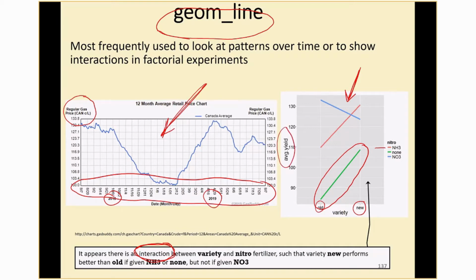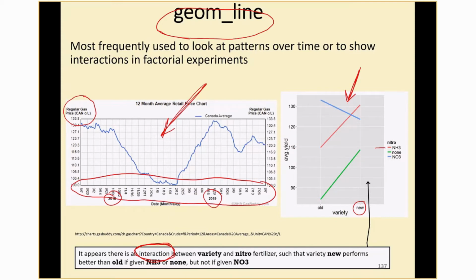And similarly, if I look at NH3, new does better than old. However, the situation is reversed if I look at those crops being given NO3. In NO3, the yield is greater for the old variety than for the new variety. Why is this important?